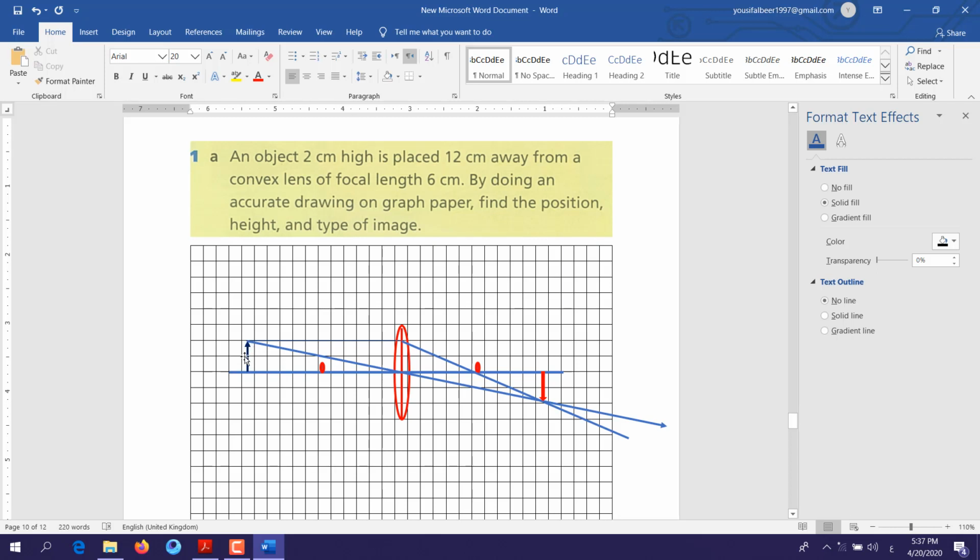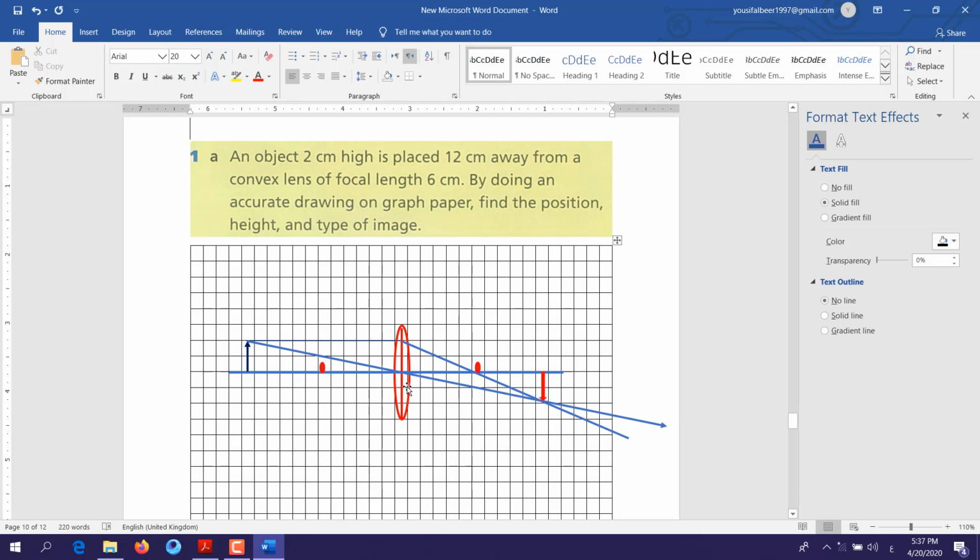Here it was 12 centimeters from the lens, but in question B, it will be 10 centimeters away from the lens. Draw it again and follow the steps that I mentioned by drawing this ray, and then the second ray. See where these two rays meet, and then you will measure the distance from the lens to the image.